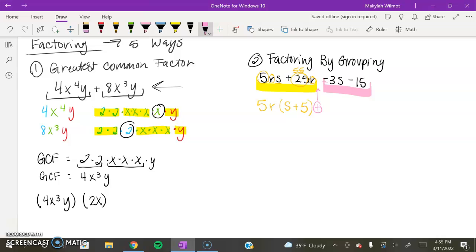There is a negative and a negative, which means -1 is a common factor. So you can do this as -1, or you can look at this and see that it's 3 and 15, and 3 goes into 15 5 times, so you can say -3, and S is only on one side, not the other, so -3 leaves you with S.